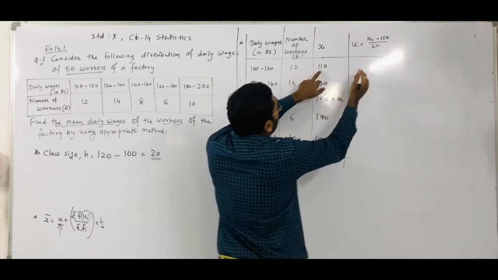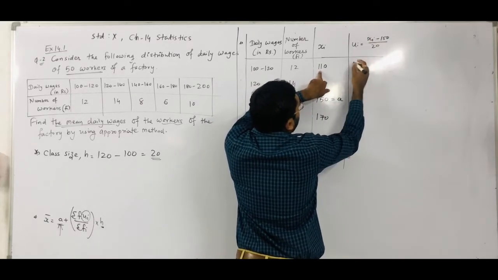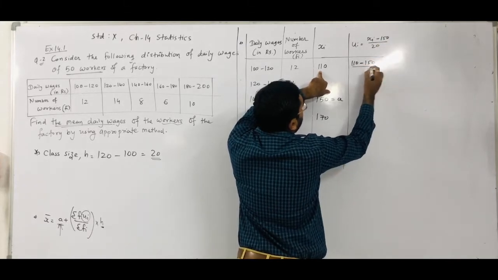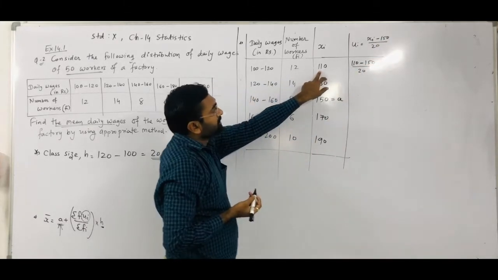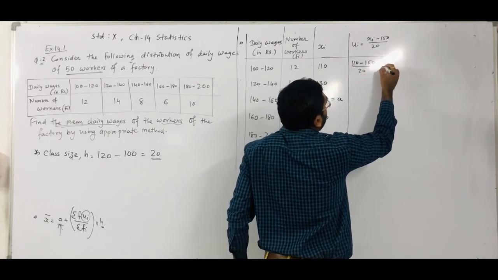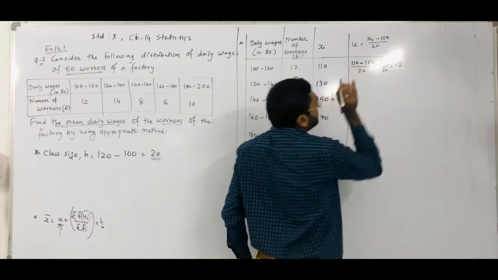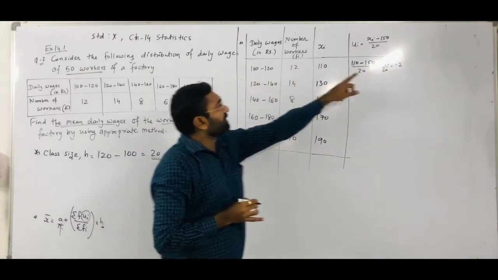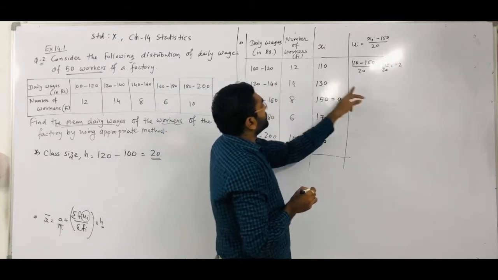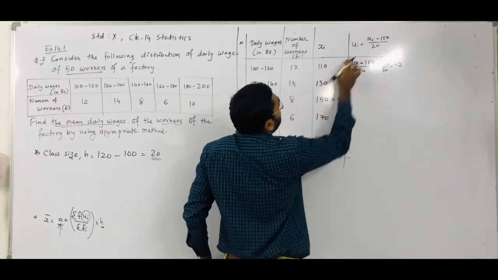That class's xi value is 110. Here we put 110 minus 150 divided by 20. Right? So 110 minus 150, we get minus 40, divided by 20, we get minus 2. So that class's ui value is minus 2. Same way, for the next class, the xi value is 130.